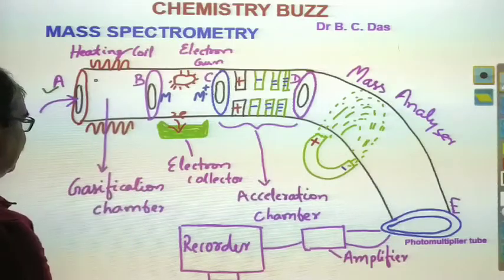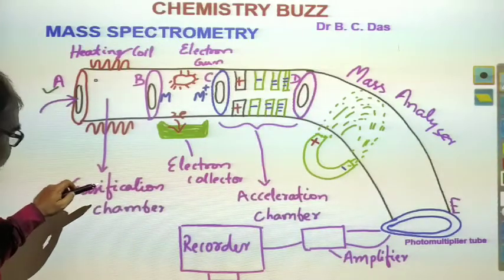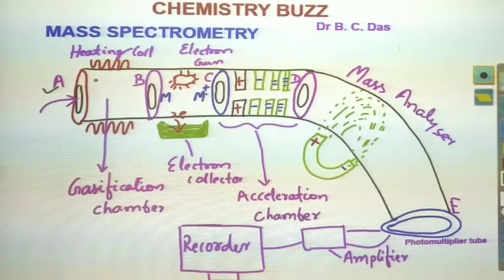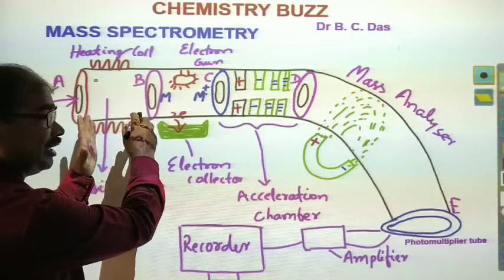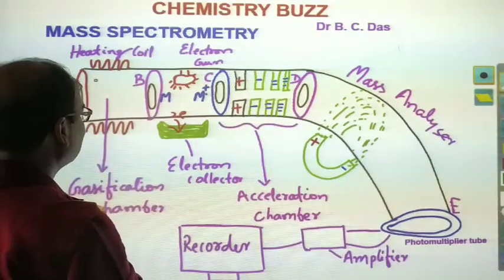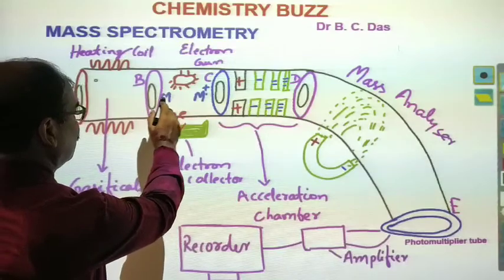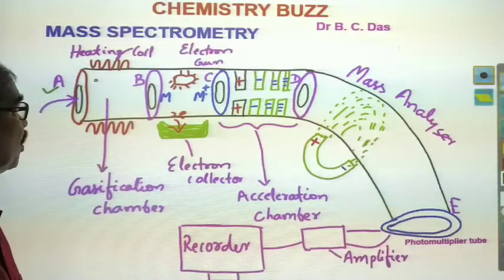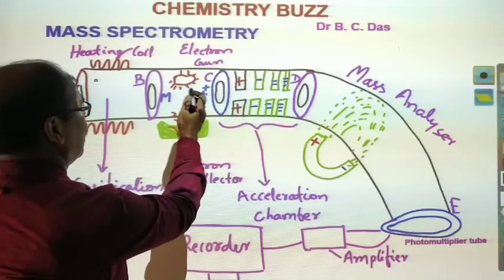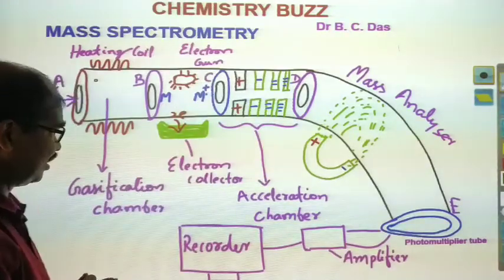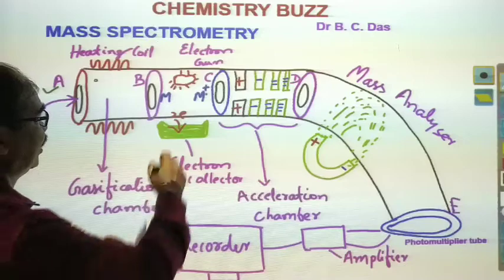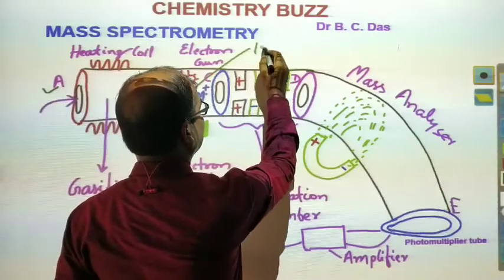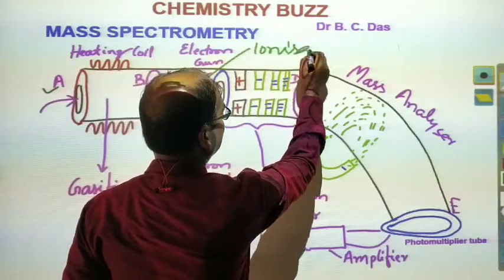So this is the gasification chamber. The substance is converted to gas, then it passes through the second slit B. This chamber is the ionization chamber.